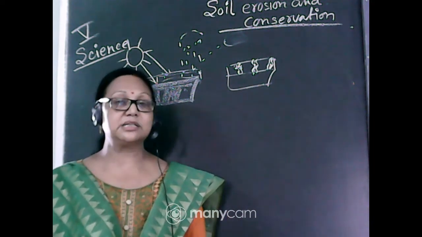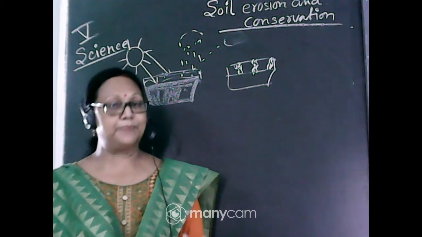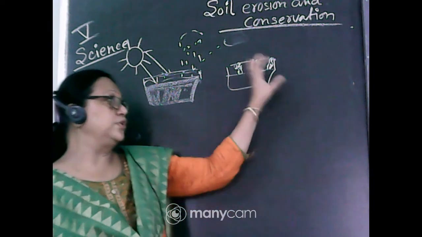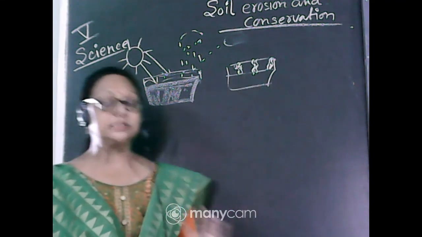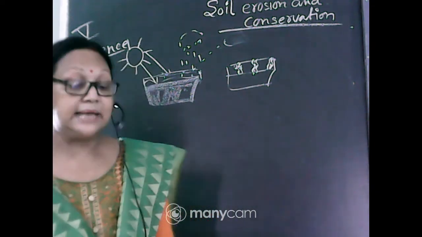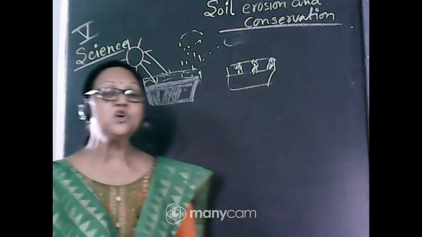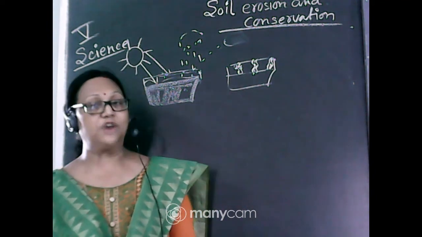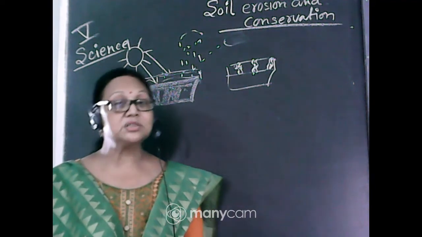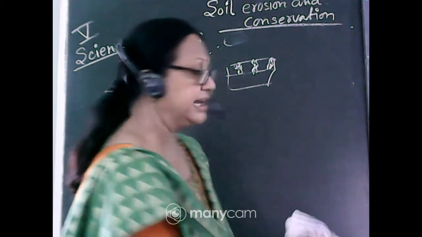These small rocks are then changed into soil due to pressure, heat and water. But half an inch of soil takes a lot of time, almost thousands to millions of years, to form.